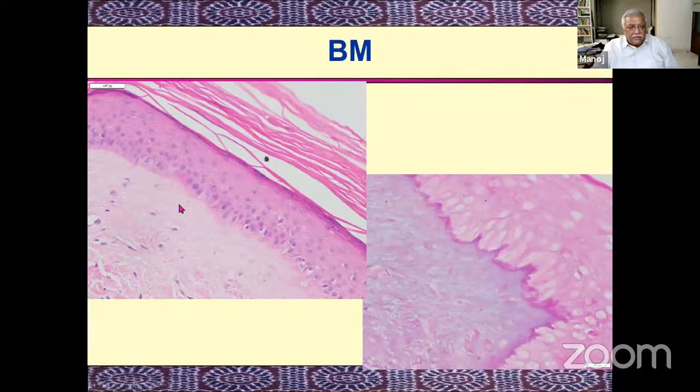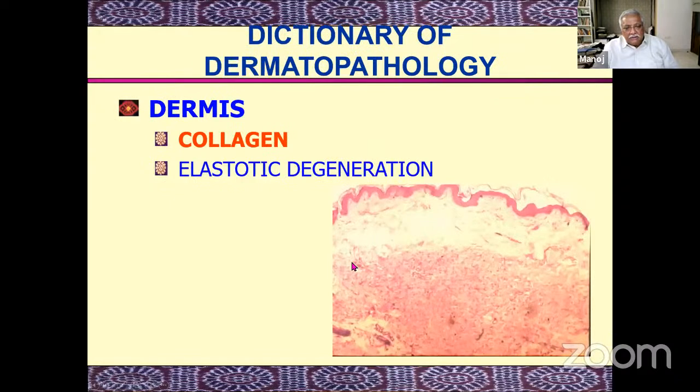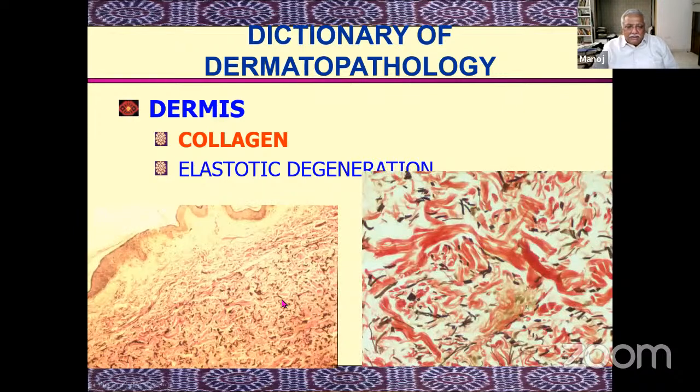Show you in another case. You can make out here normal collagen and hyalinized collagen. Again, the same, a special stain showing you normal and absent or deficient or problematic. Now, this is an elastotic stain called a VVG, Verhoeff-Van Gieson.